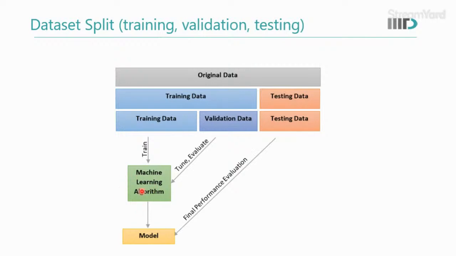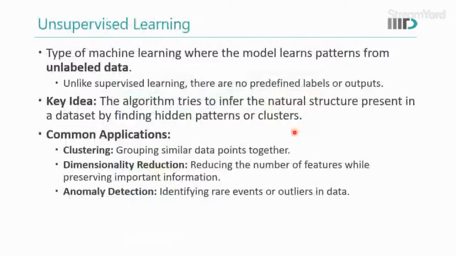For example, we'll make the clusters and evaluate if the clusters are proper or not. Using the validation set, we do some evaluation and fine tuning, and so on. When the final model is ready, we report the final performance on the testing set.